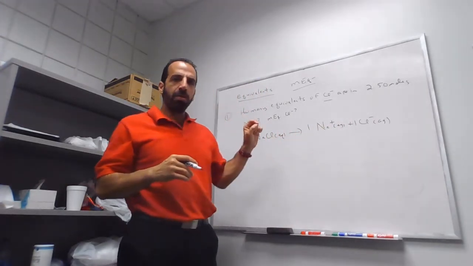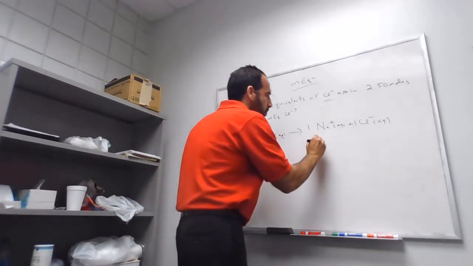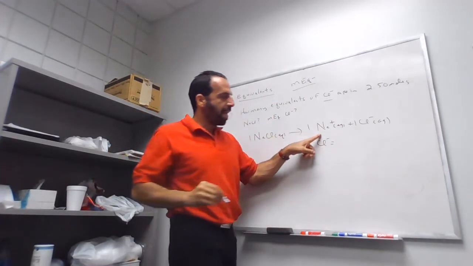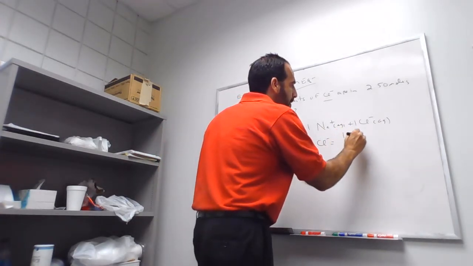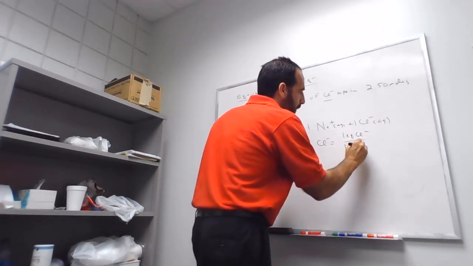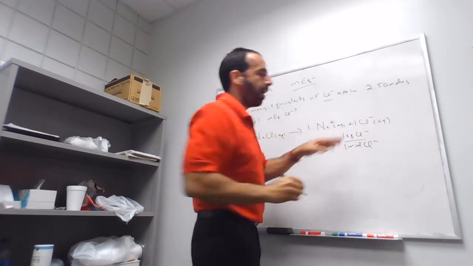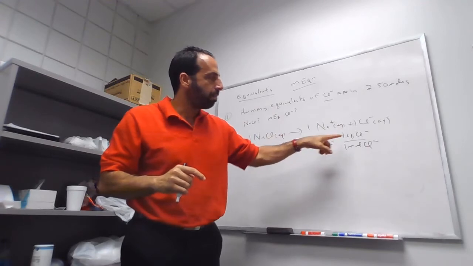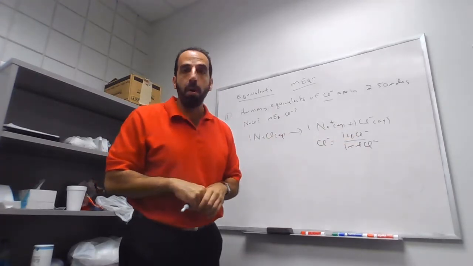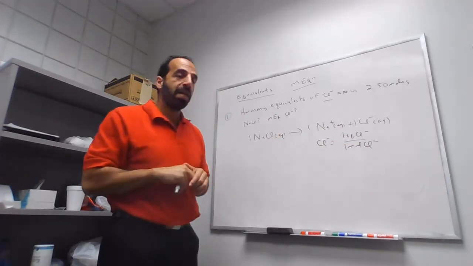Also, if I look at equivalents, chloride ions have a -1 charge. It basically means I have 1 equivalent of chloride ions per 1 mole of chloride ions. We're going to do another one with a different charge, but that -1 means 1 equivalent per 1 mole of chloride ions. We're going to use that in this example.